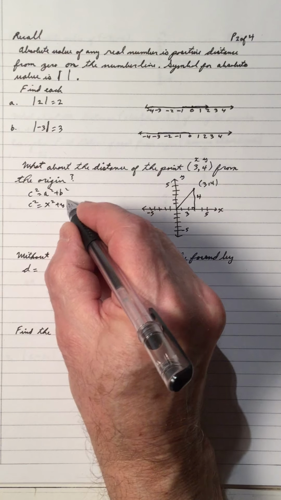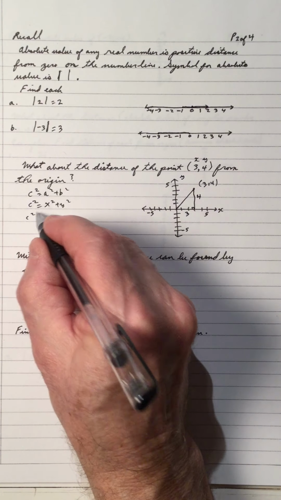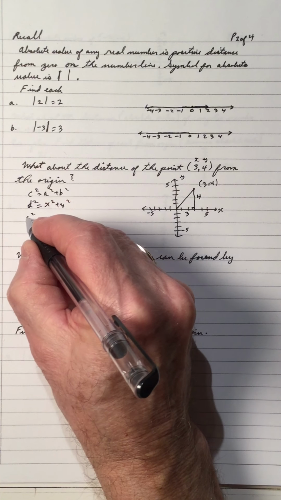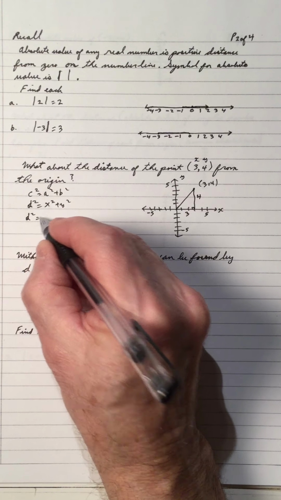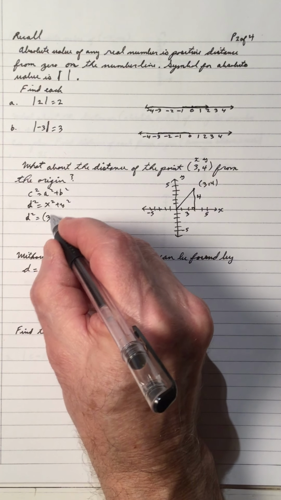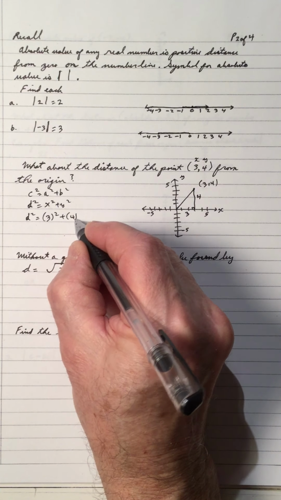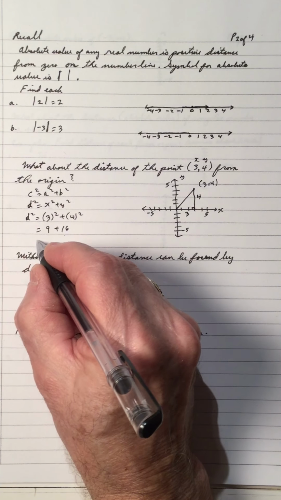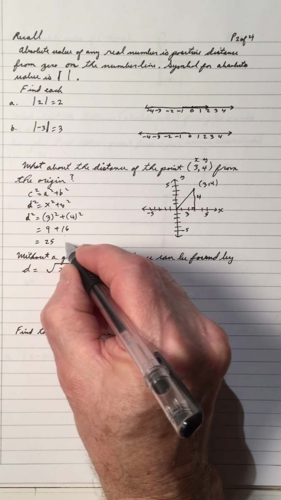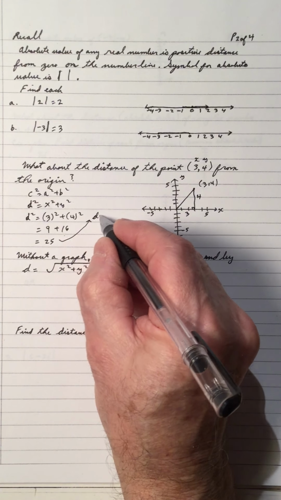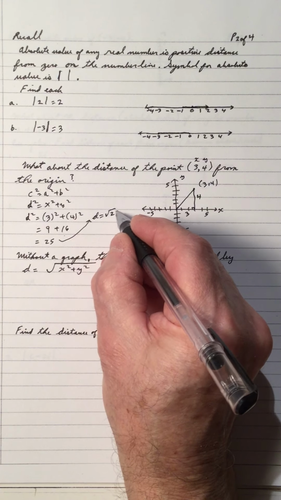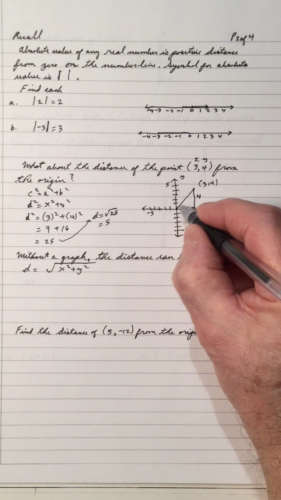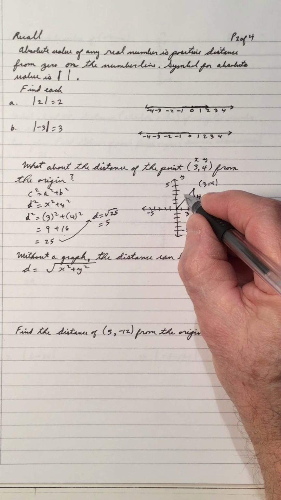I could call the distance, c, the distance d. So x is 3, y is 4, so that's 9 plus 16. So d squared is 25. So d is the square root of 25, which is 5. So the length of the segment from the origin to this point is 5 units.